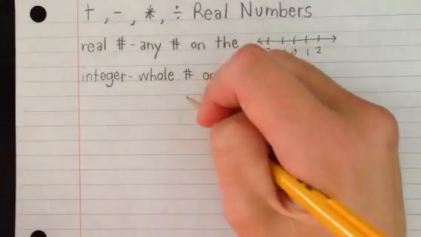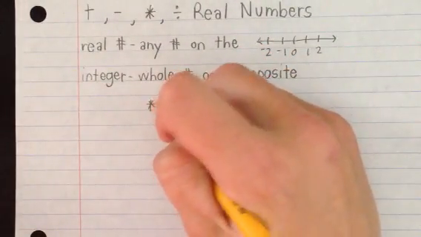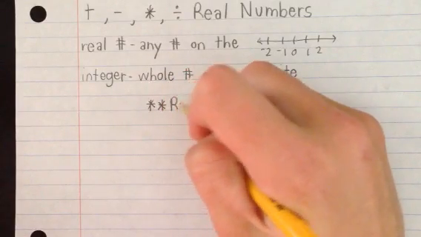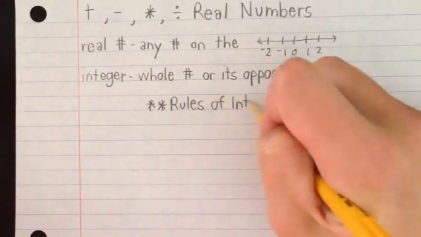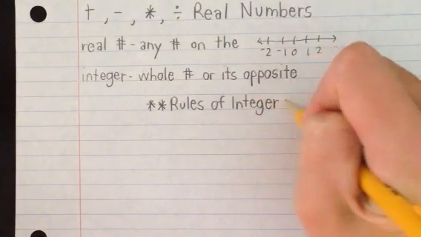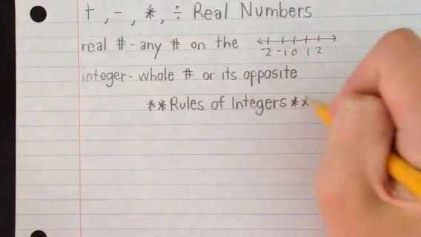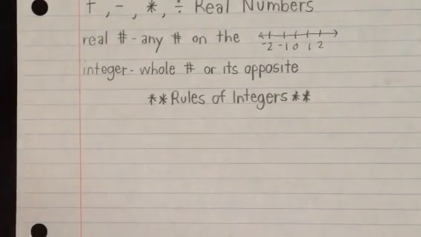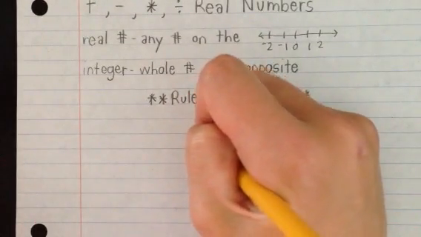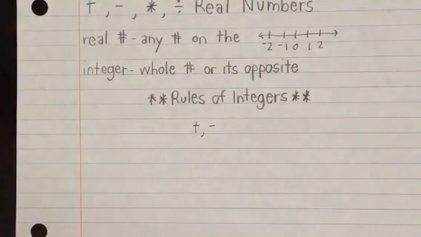Alright, so now let's talk about some rules we need to follow here. So rules of integers. First, we are going to talk about rules applying to addition and subtraction.